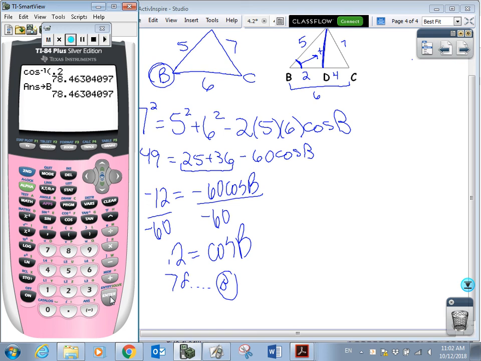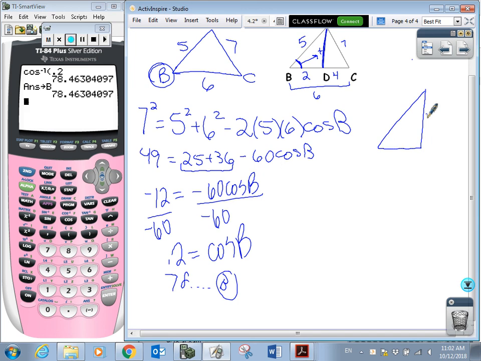All right, so now back to this triangle right here. So if I want to find this X right here, I know this is 2 and this is 5, and now I know this is 78 something. So now I have enough information to find that side across from the angle that's missing. But I have to use law of cosines because I still don't have enough information to use law of sines.